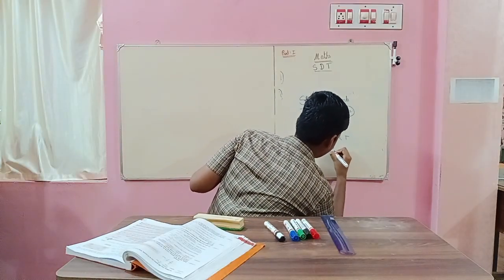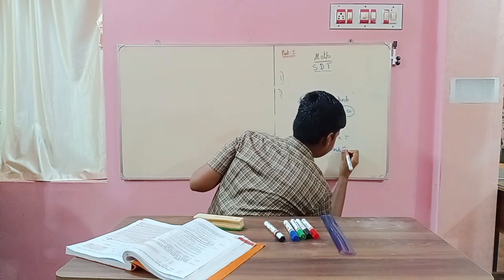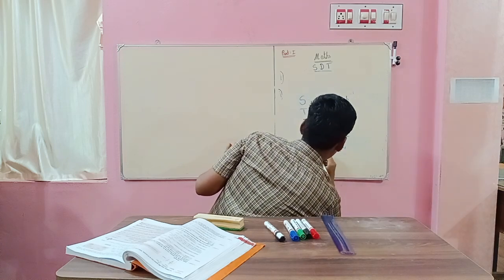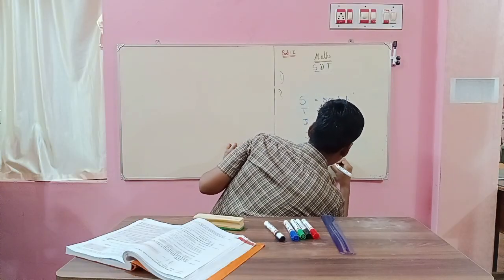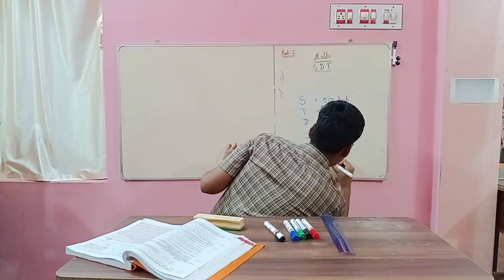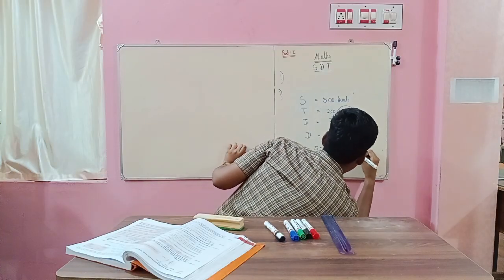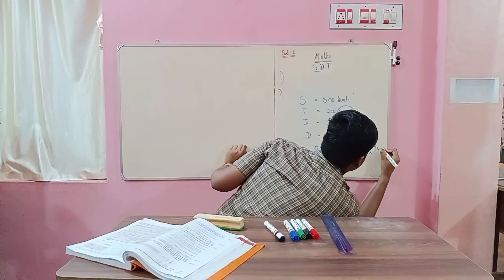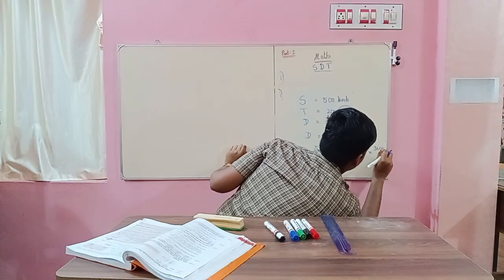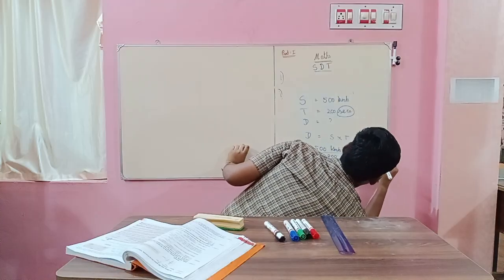500 km h^-1 by 200 by 3600, which is equal to 500 into 3600 by 200.